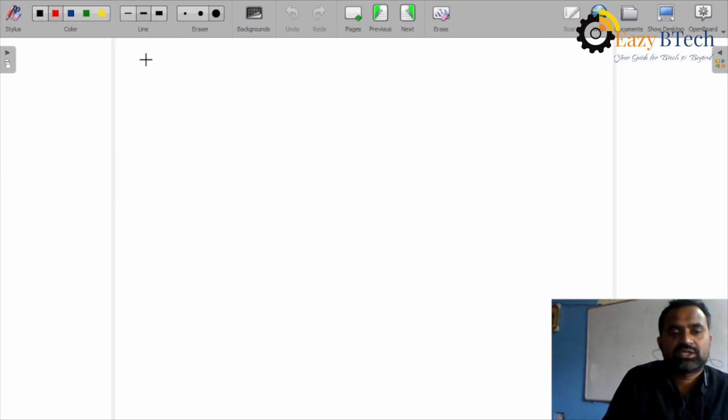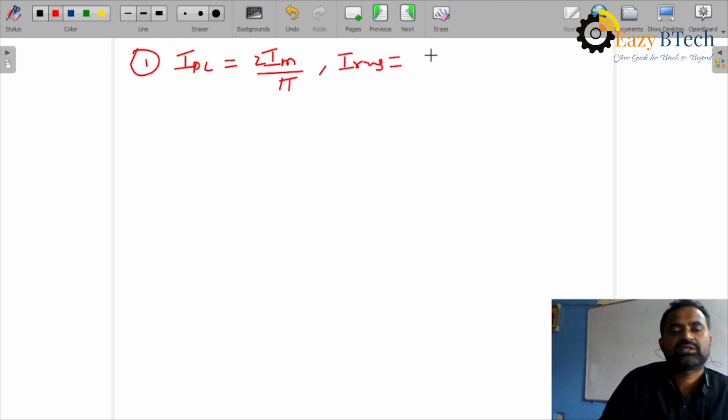Okay students, using these two parameters, the average value of full wave rectifier is 2Im by pi, and IRMS is Im by root 2. By taking these parameters, we will calculate the remaining.